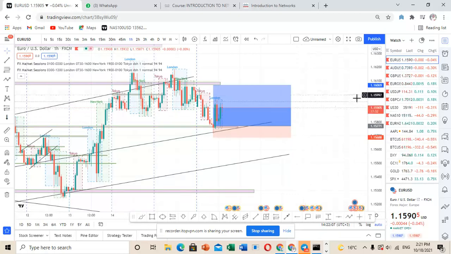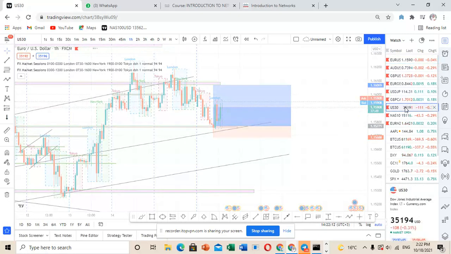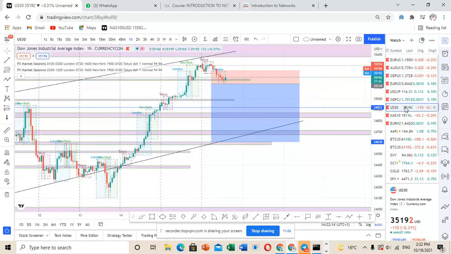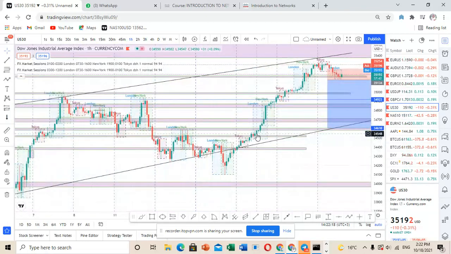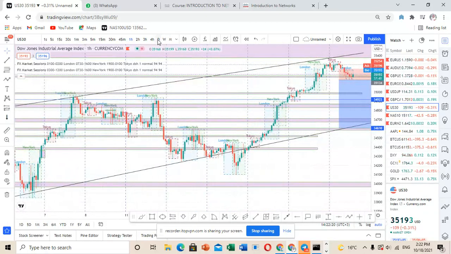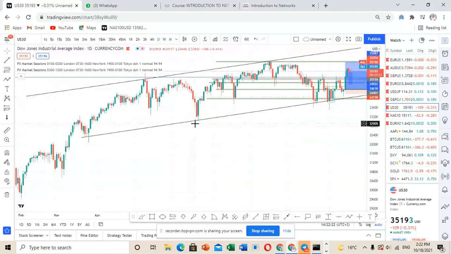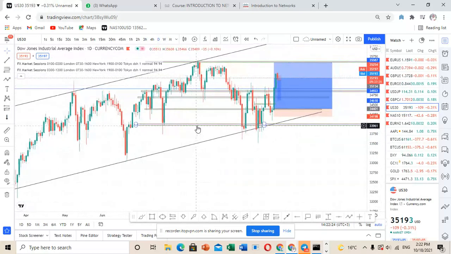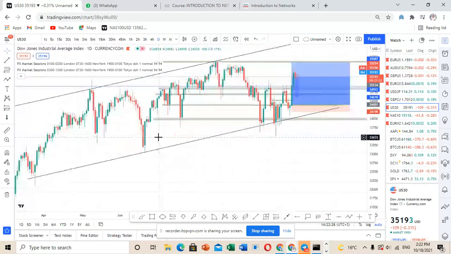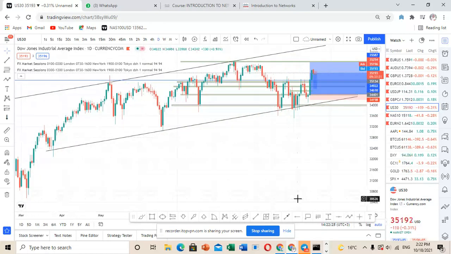So I'd like us to move now to the US 30. Now looking at US 30, what am I expecting out of the US 30? Now for the US 30, moving to the daily time frame, this is kind of an obvious pattern. So you can see from this point, a move to the upside, a move to the downside, a move to the upside.